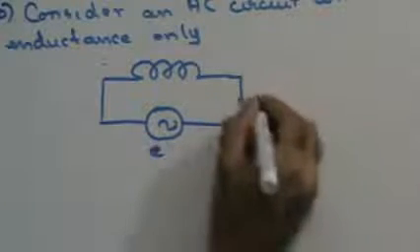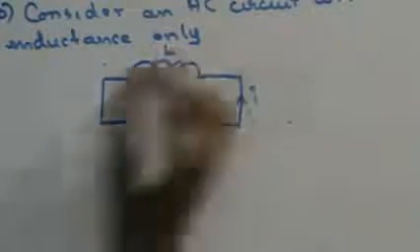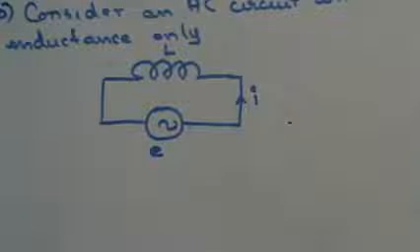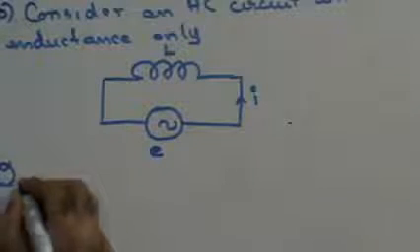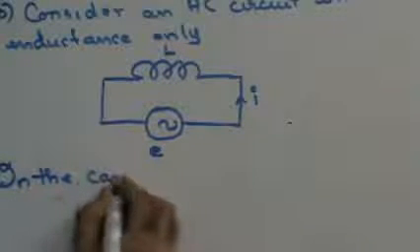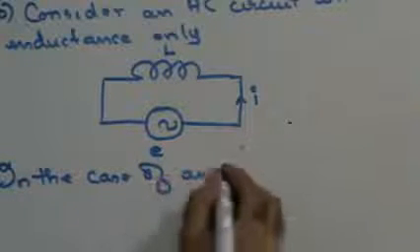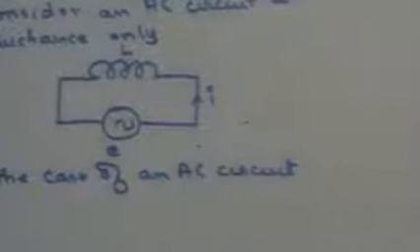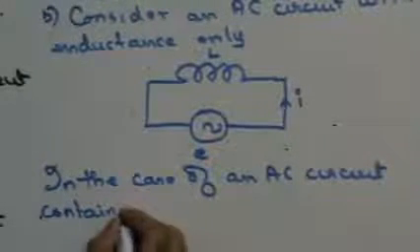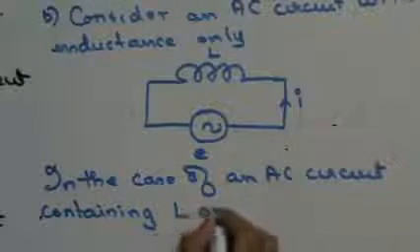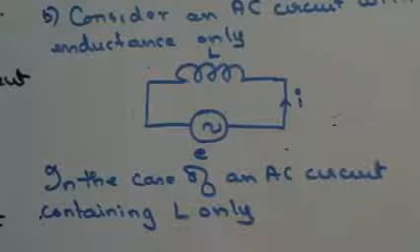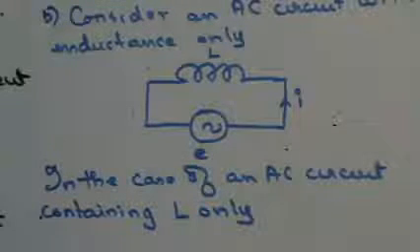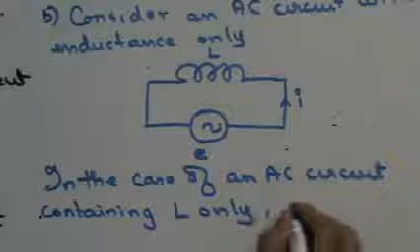E I L, right? Now, in the case of an AC circuit containing inductor only, I can say that the EMF leads the current by pi by 2 radians.